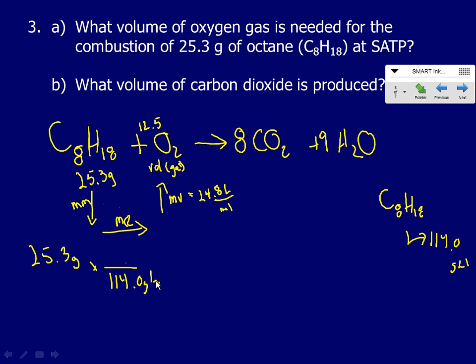Oops, the mole goes on the top. 1 mole. 1 to 12.5 is the ratio of octane to oxygen. I need a volume out, so I need liters on the top.